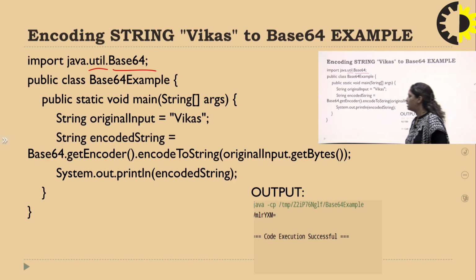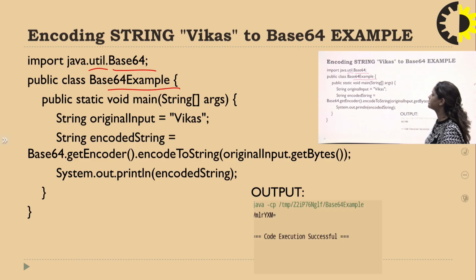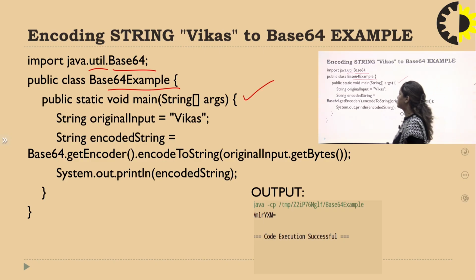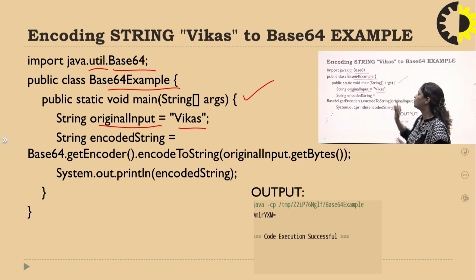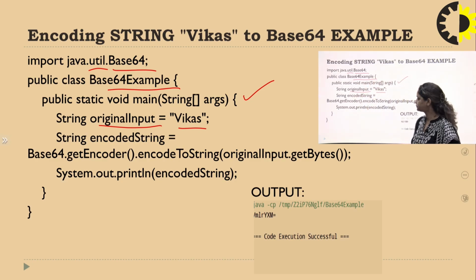After importing it, we will create our own class, Base64Example, and then we have a main method as we start our Java program. Here we have a variable named original input which will hold a string value Vikas, with the data type String. So Vikas is a string and we are holding it in the original input variable.